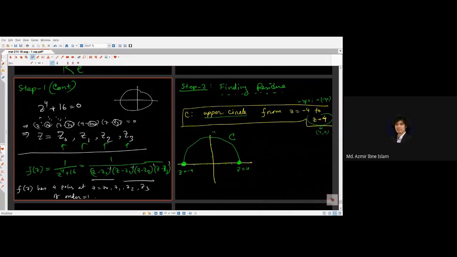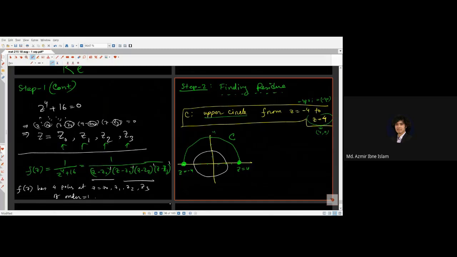If z^4 + 16 has 4 roots, all 4 roots will be on the circumference of a circle with the same radius. So we can think about a circle with radius 2. So here we have radius 1, 2, 1, 2. That means we can consider a circle here.